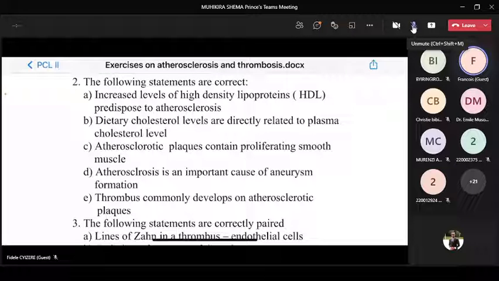But I didn't get the right answer for whether it is true or false. What is the answer?